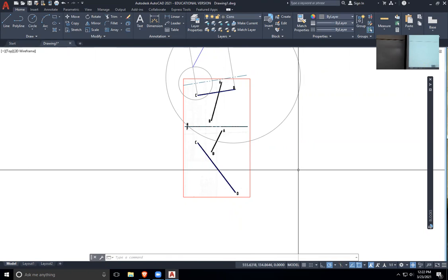BCD, so I missed where B is. I think I missed A. This doesn't look the same. Yeah, that one, you went up closely.